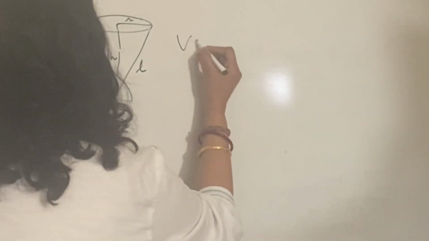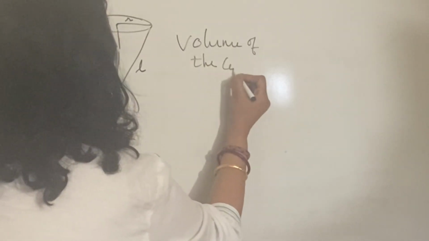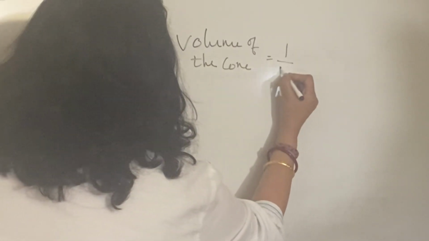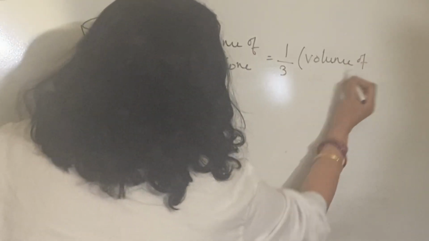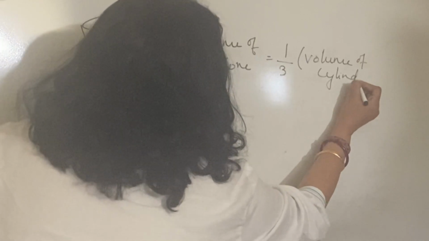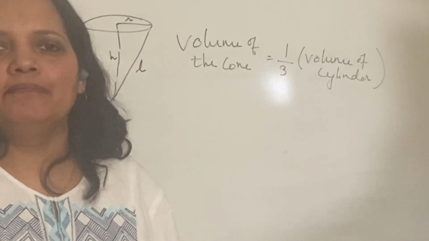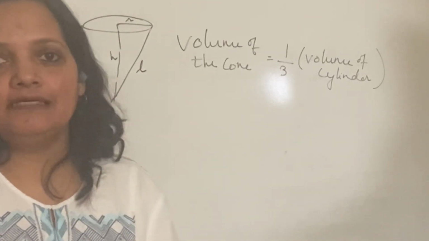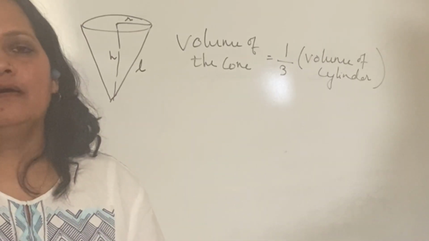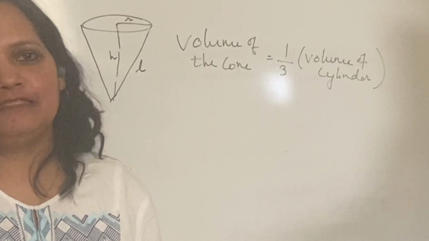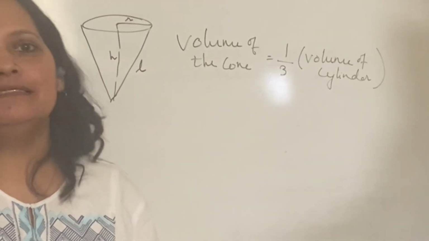So the volume of the cone is equal to 1/3 of the volume of a cylinder. Now, as we remember, the area of a circle is pi r square, the area of a square is side square, and the area of a rectangle is length into breadth.